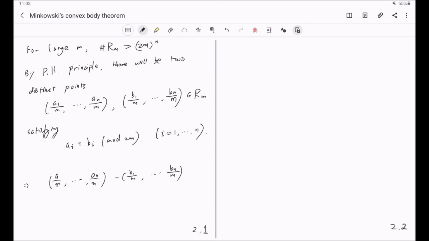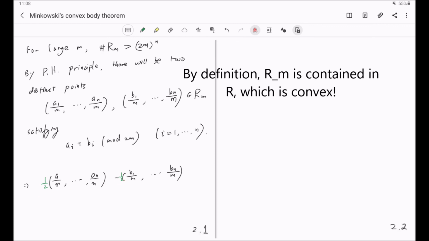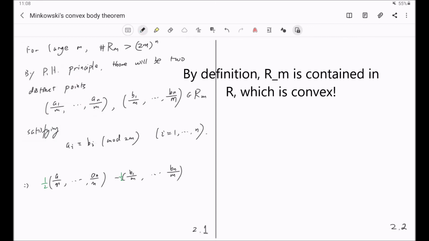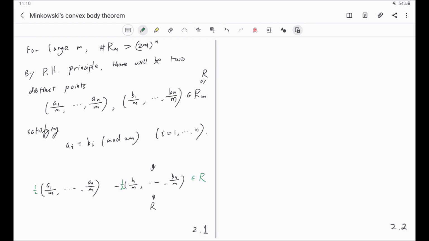We're going to consider the following linear combination: 1/2, 1/2, and 1/2 plus 1/2 is equal to 1. So it follows from the fact that the negative of the second one is in R sub m, and this vector is in R sub m, and the definition of convexity, that this vector is in R. And now let us denote this by x.